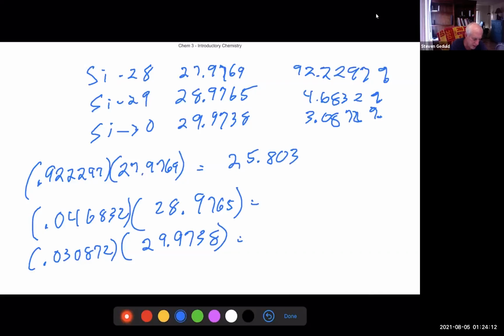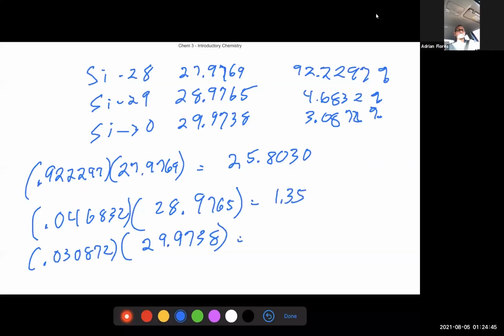And how many digits do we have? 1, 2, 3, 4, 5, 6 digits. We have 25.8030. Next one is 0.046832 times 28.9765, and that comes out to 1.3570, again 5 significant digits for this one.